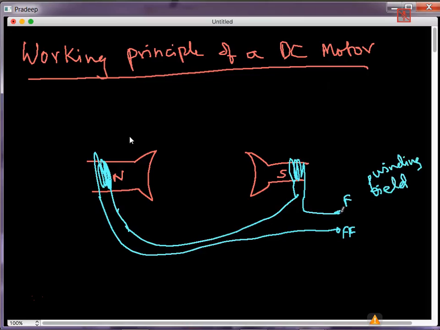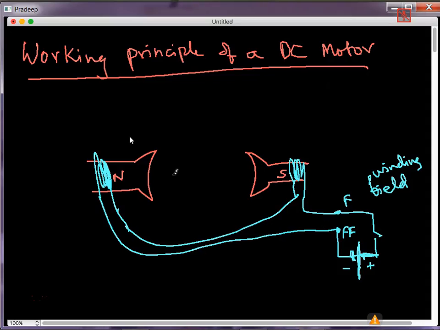So what do you do with the field winding? Simply you connect it to a voltage source, a DC voltage source. So the moment you close the switch, field current will flow and a magnetic field is created.